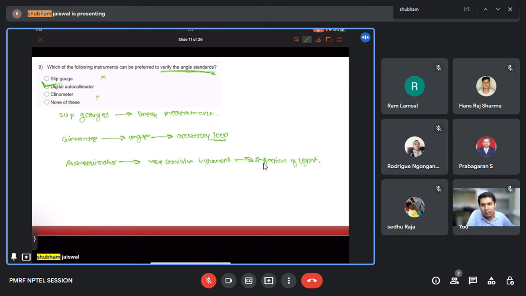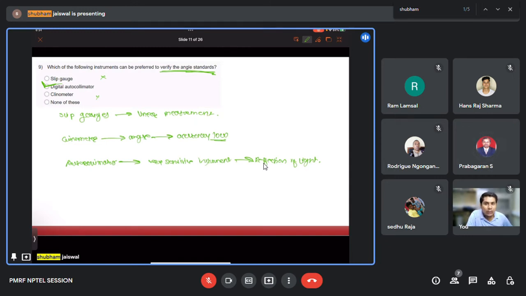So it will be better to use the digital autocollimator to verify the angle standards. Similarly, we can use the angle Dekkor also, as the angle Dekkor acts as a comparator to verify the standard. So we can use either the digital autocollimator or the angle Dekkor.